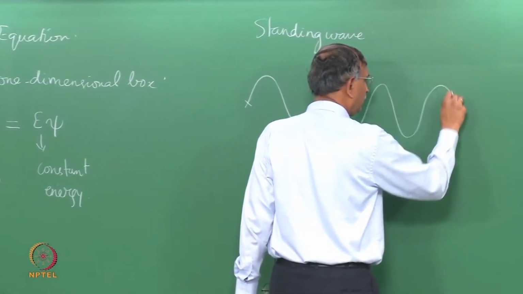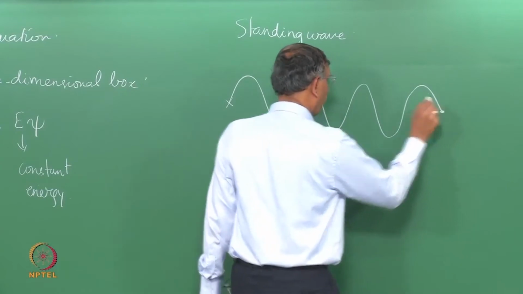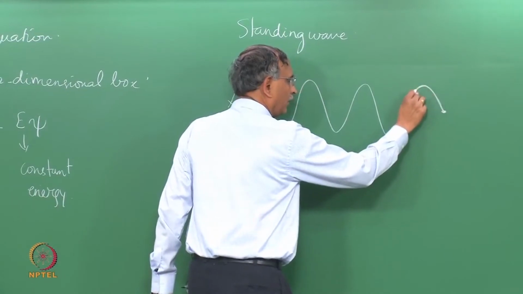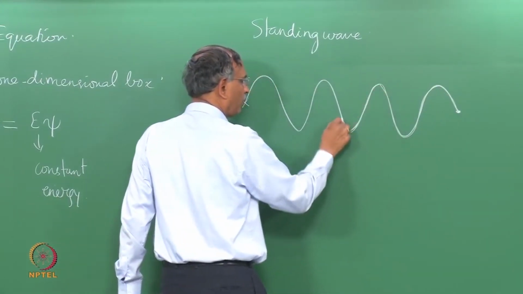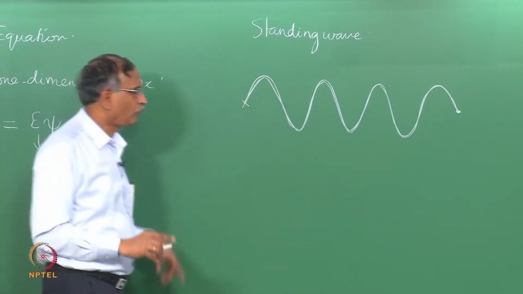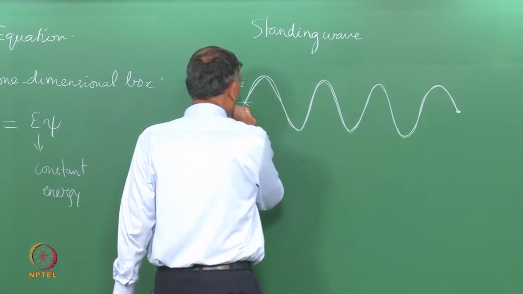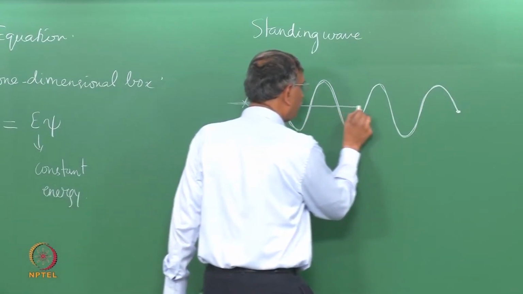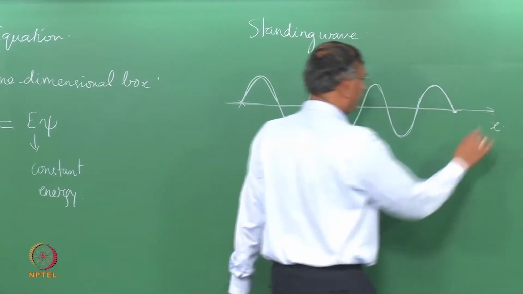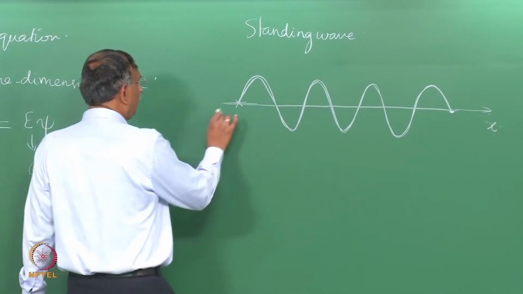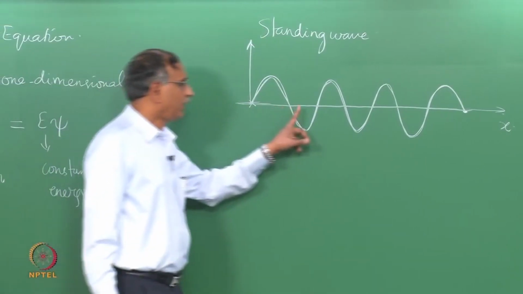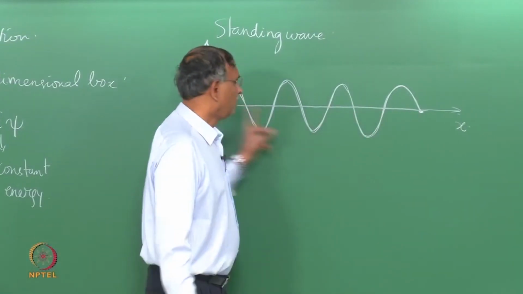Let me put it precisely so that when the wave reflects, it still follows, and therefore the standing wave remains a wave and the amplitudes don't cancel each other. If you want to look at the axis, this is the coordinate or the x axis, and this is the axis for the amplitude of the wave at any position x between some fixed points.